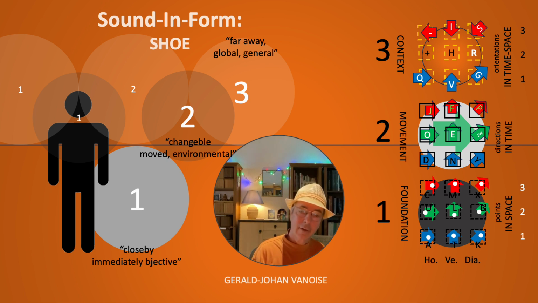While the third category is not just the far away, but it also comes into the general rules, it comes into the global rules in which you can find the position, where you can establish or find a way to put the thing that you name into the right position in time and space.